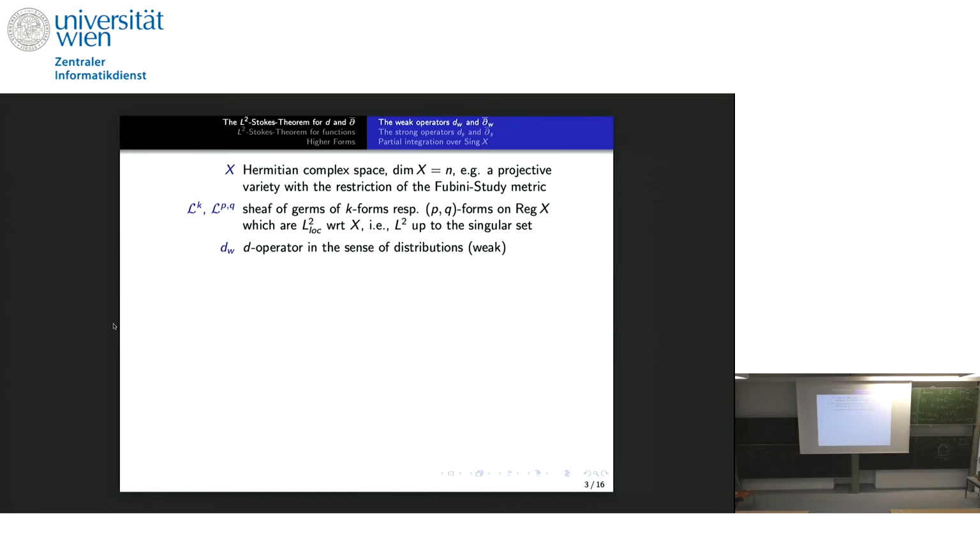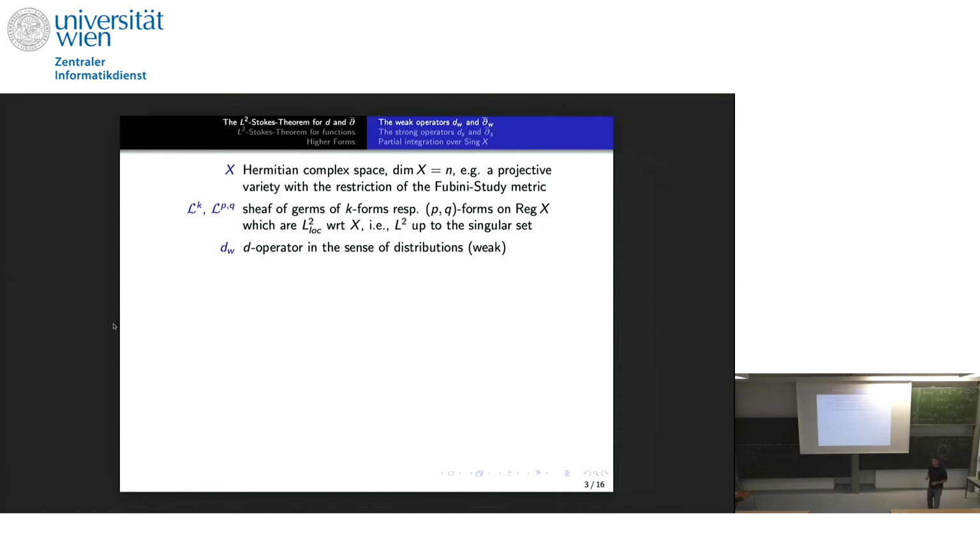If you take a different embedding, which is biholomorphic, then you get equivalent notions. So L2-loc means that if something is L2-loc on this domain here, it should be L2 on any compact subset. If you approach the singular set, it is L2, so it cannot blow up arbitrarily, but it is L2-loc, so it can do whatever it wants if you approach the boundary of omega.